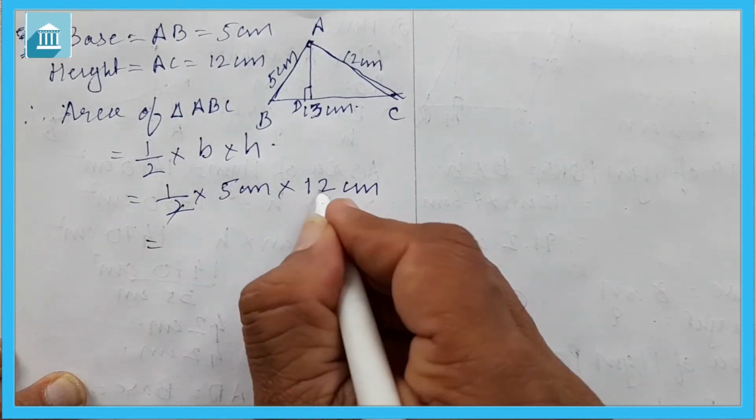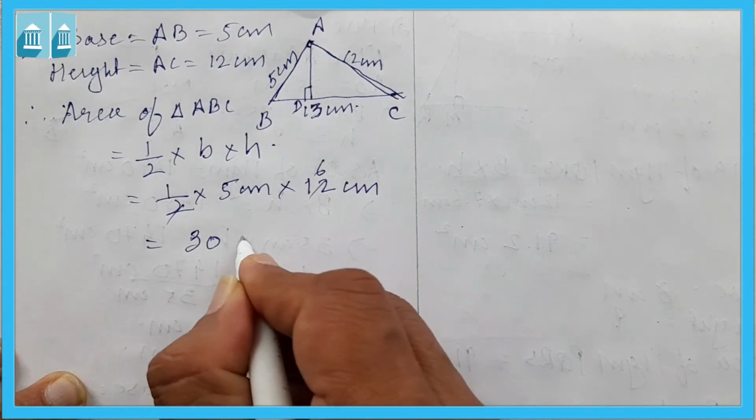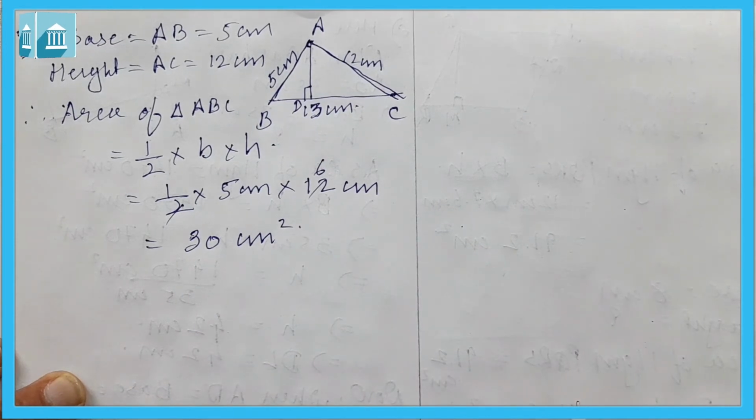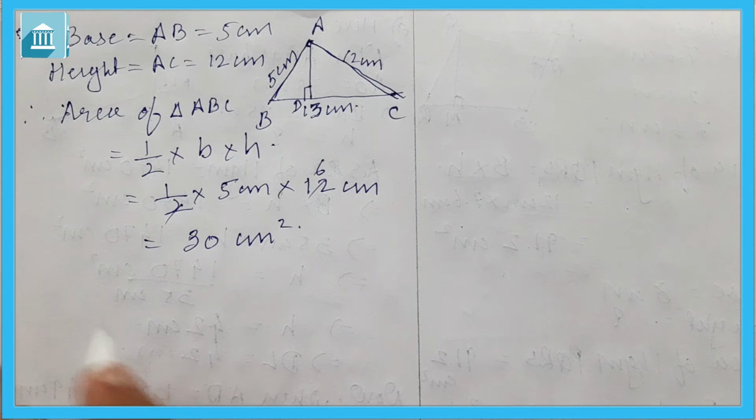Cutting it, it will be 6 into 5, that is 30 centimeter square. So the area of triangle ABC is 30 centimeter square.